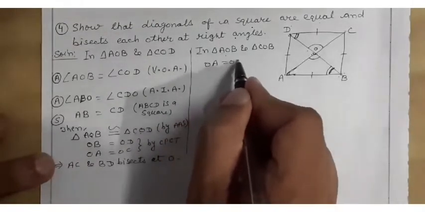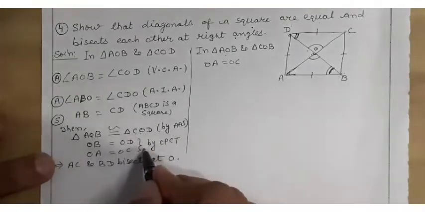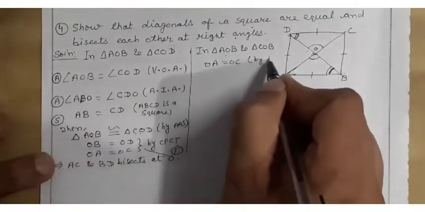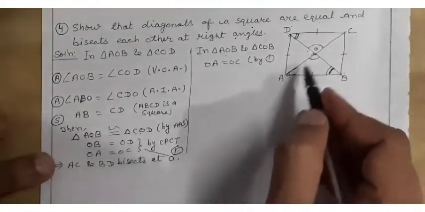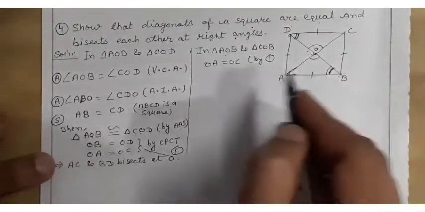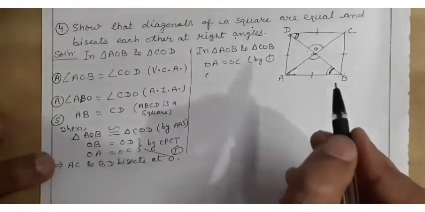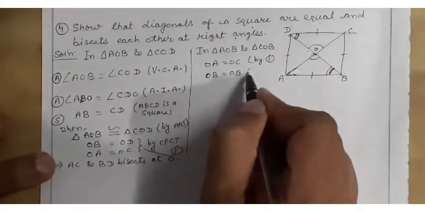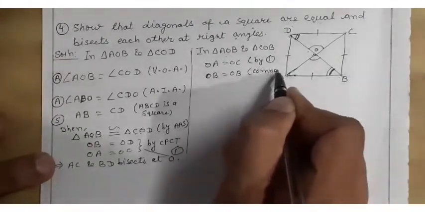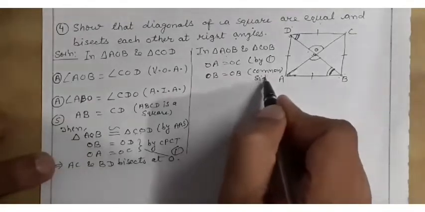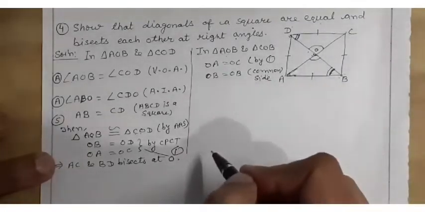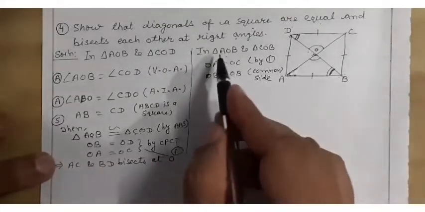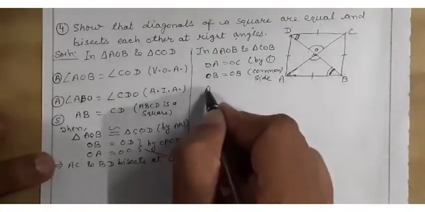OA equal to OC by the first result. Here OB equal to OB, common side. And what is the third one? AB equal to CB.